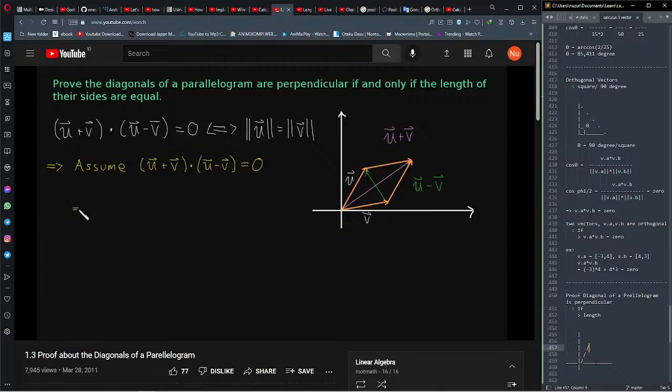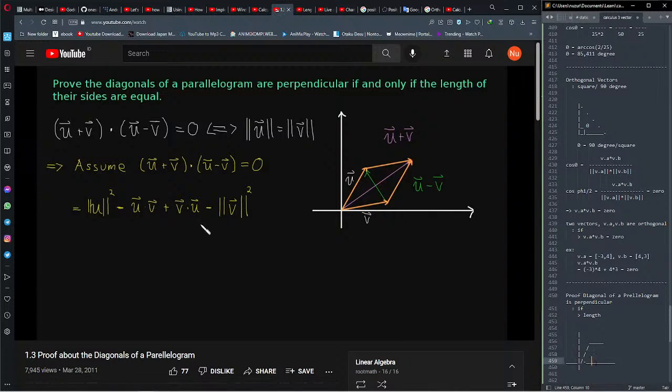So that equation implies, what is the dot product expanded here? Well, we're going to have u dot u, which we know is the length of u squared, minus u dot v, plus v dot u, and then we're going to get minus the length of v squared, because this is just minus v dot v.